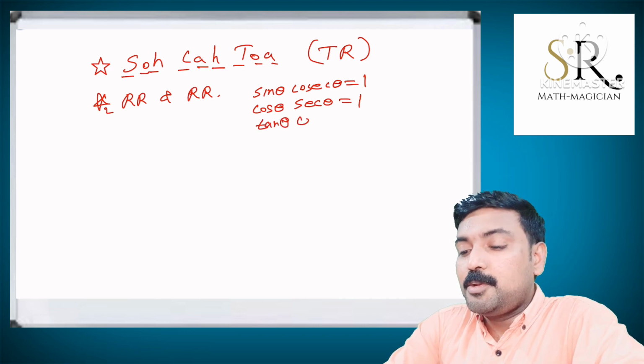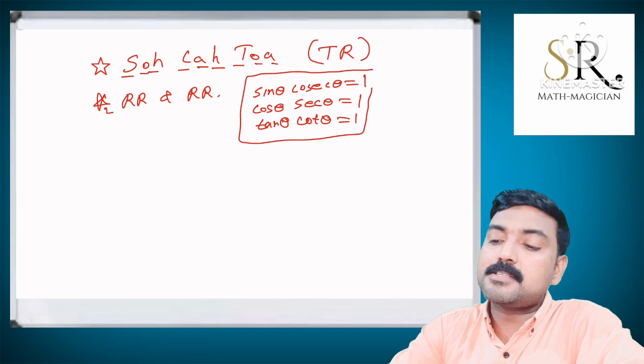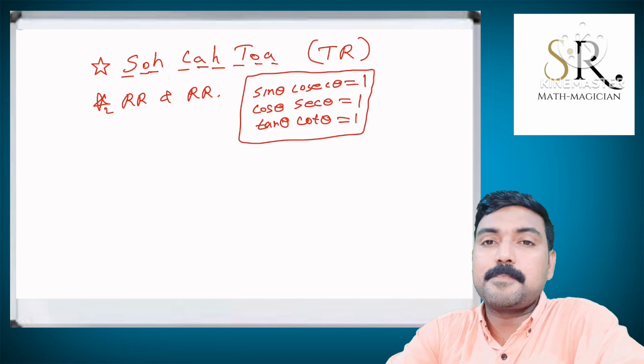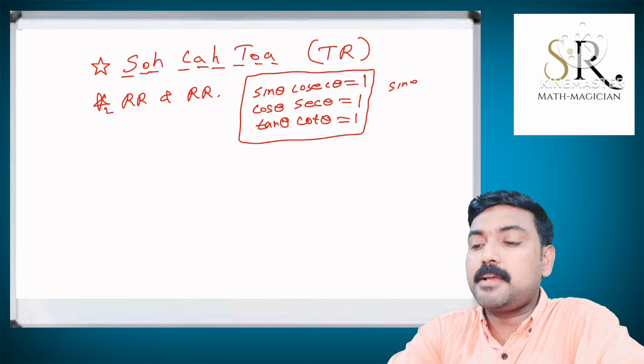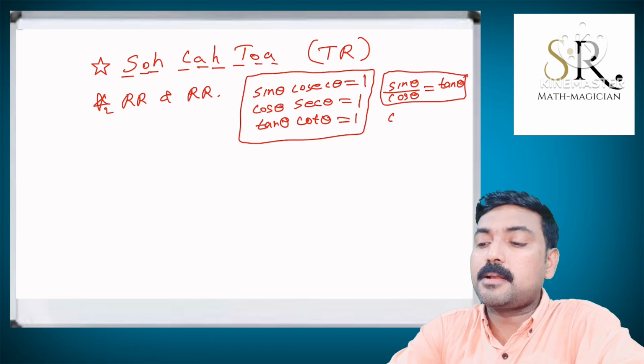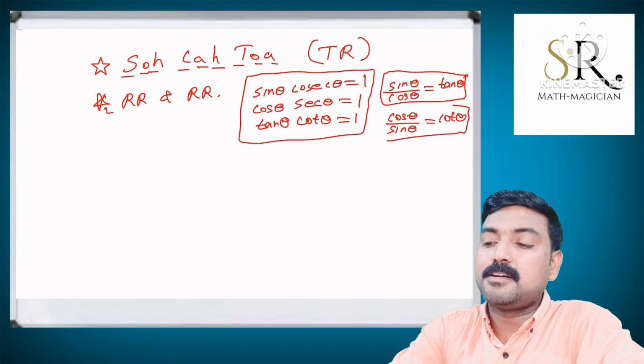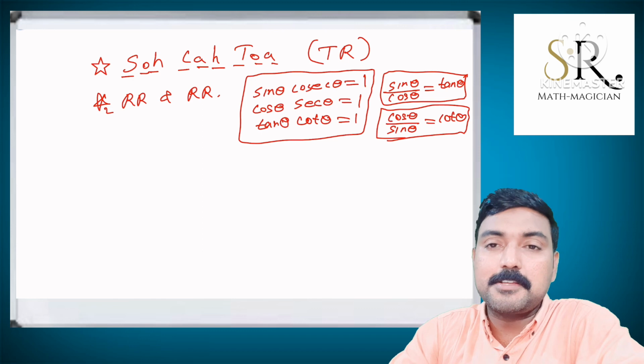Tan theta into cot theta is equal to 1. This is known as reciprocal relation. Now what is the ratio relation? Sin theta by cos theta is equal to tan theta. Similarly, cos theta by sin theta is equal to cot theta. This is the second point in this chapter.